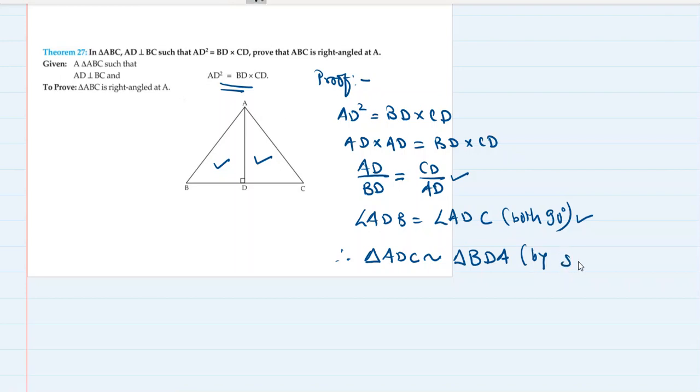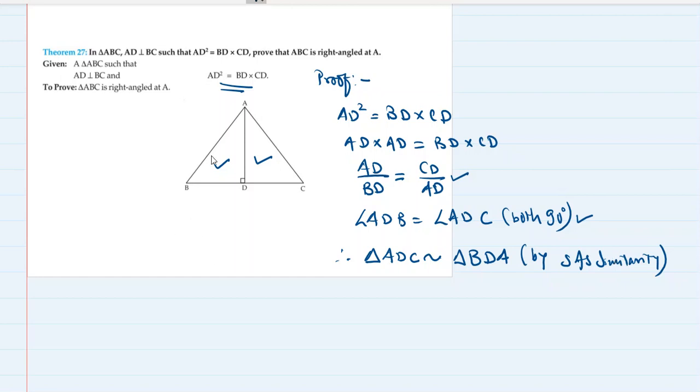By SAS similarity. What is SAS similarity? If two pairs of corresponding sides are proportional and the included angles between these proportional sides are equal, then the two triangles are said to be similar by SAS similarity. So I proved these two triangles similar.